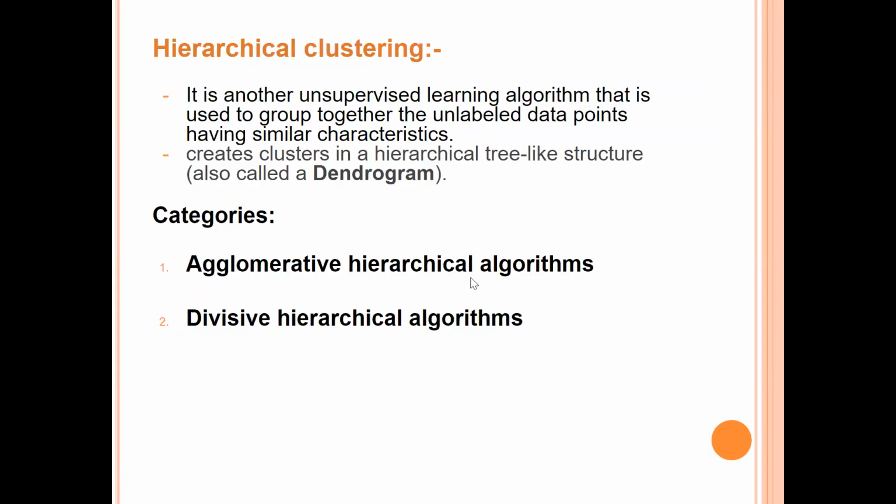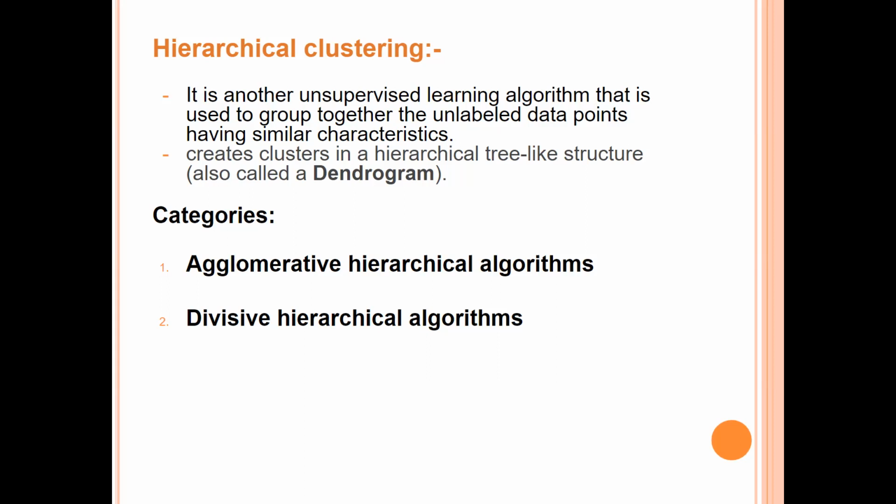Let's move ahead. Now we are going to talk about hierarchical clustering. It's another type of unsupervised learning. It's an unsupervised learning technique where we are grouping the unlabeled data points based on their similarities. Here again, we are making the clusters, making the groups, and we are assigning the data points in these groups based on their similarities.